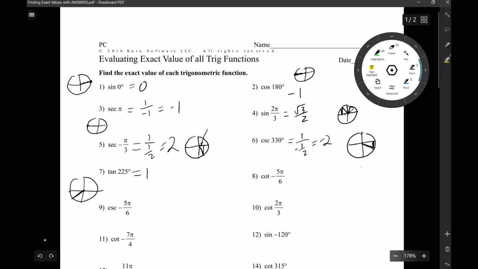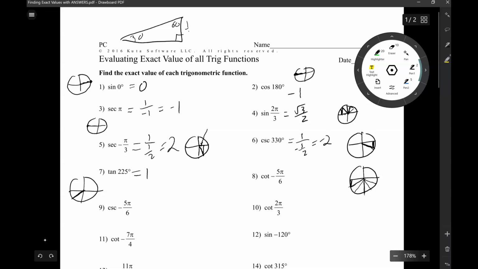Cotangent of -5 pi over 6. So -5 pi over 6 would be right about there, because I do 1, 2, 3, 4, 5 pi over 6. And that's a reference angle of 30 degrees. So I'm looking at the 30, 60, 90 triangle. It looks like this. 30, 60.